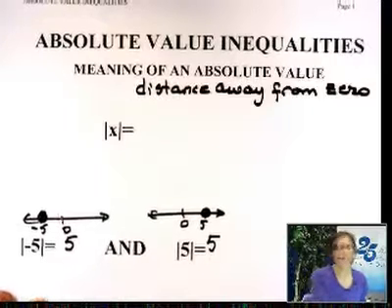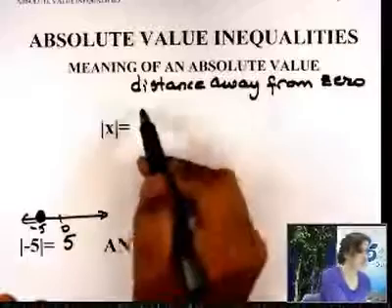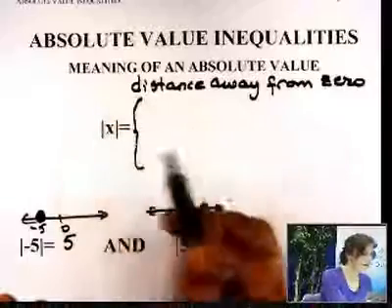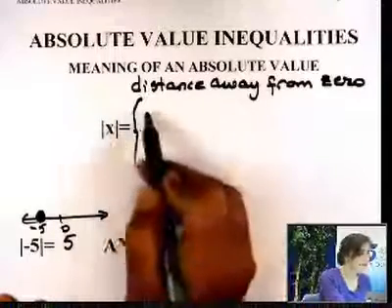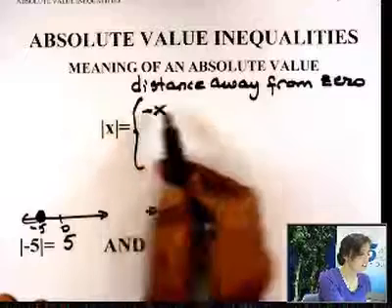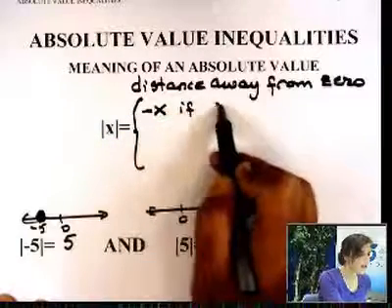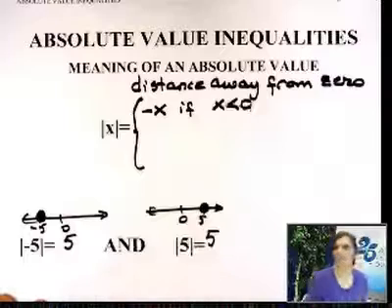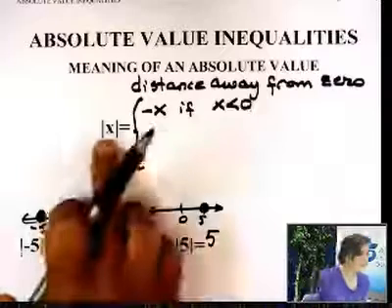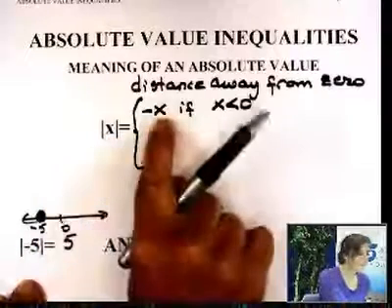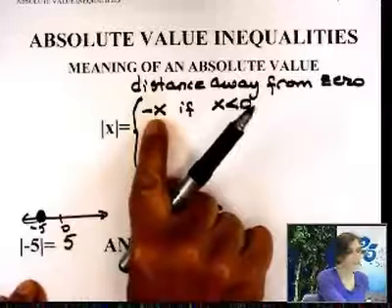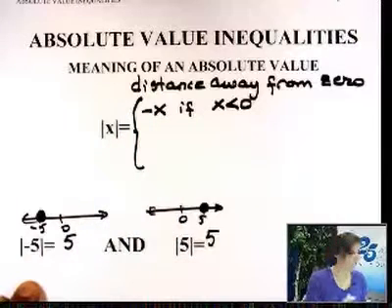Now, how do I write that in algebra? This is how I write it. Braces. The absolute value of x is -x if x is negative. What does that mean? If this is -5, you put a -5 in front of that, it makes it a +5 and it gives you a positive answer.